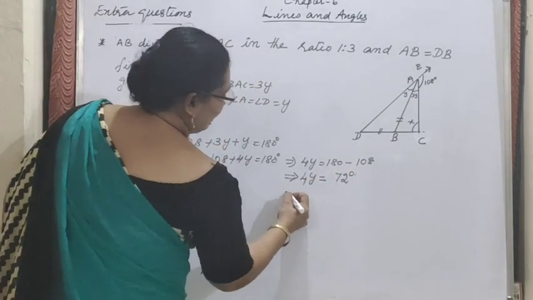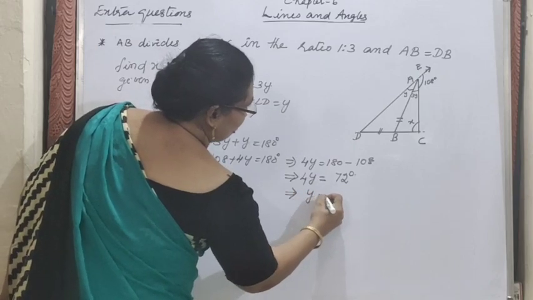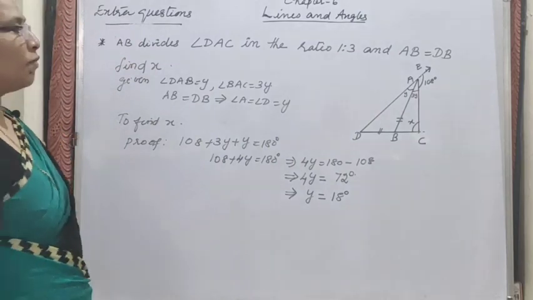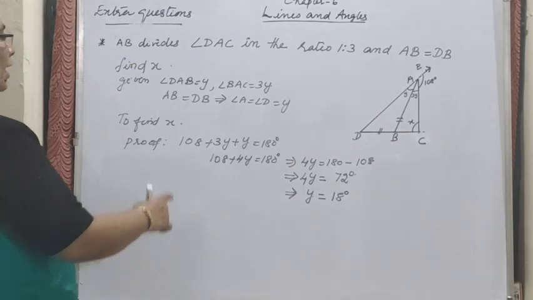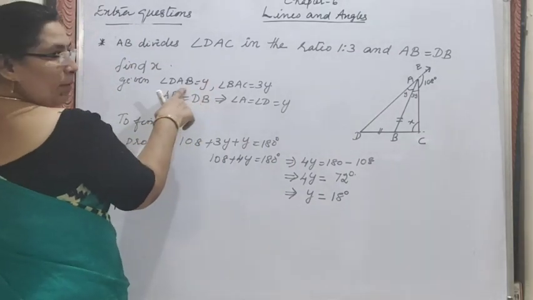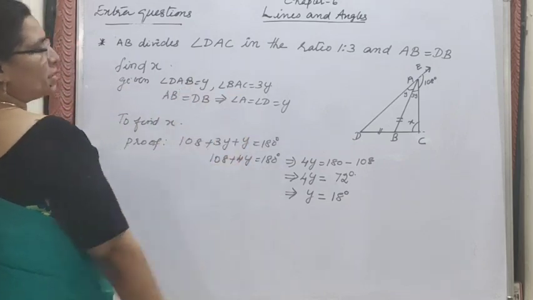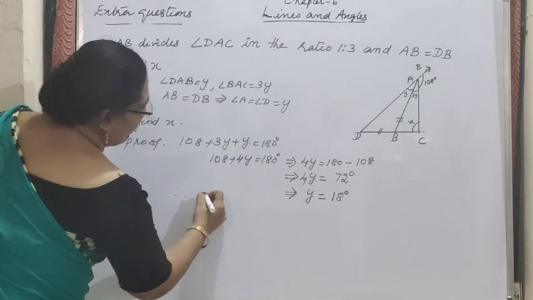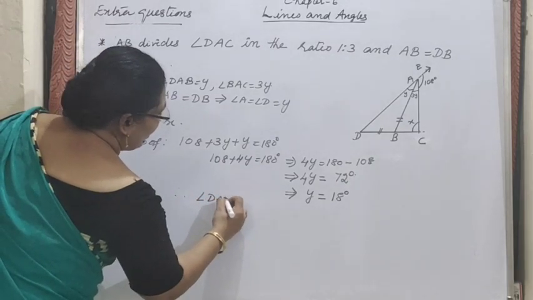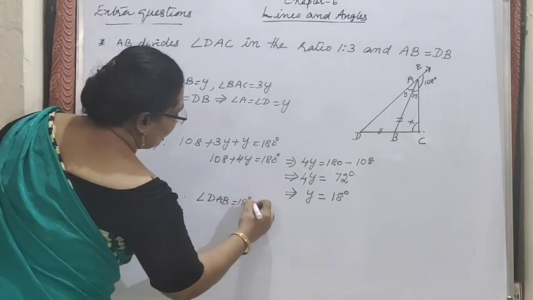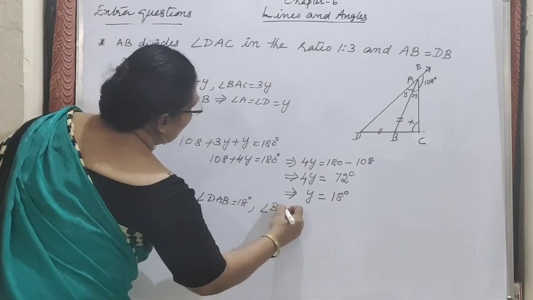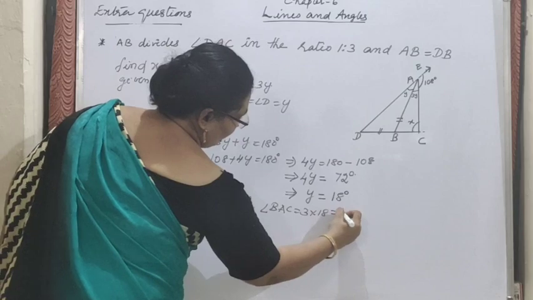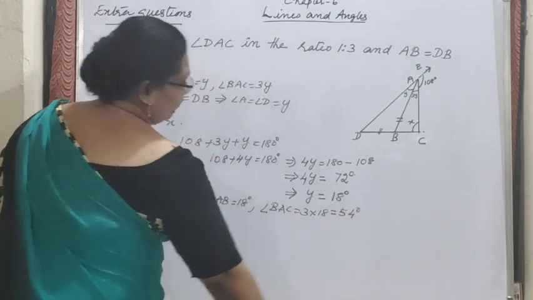Therefore what is y? y equal to 18 degree, right? So y equal to 18 degree means angle DAB equal to 18 and angle BAC equal to 54 degree. So I'll write here angle DAB equal to 18 degree, angle BAC equal to 3 into 18 equal to 54 degree, right?